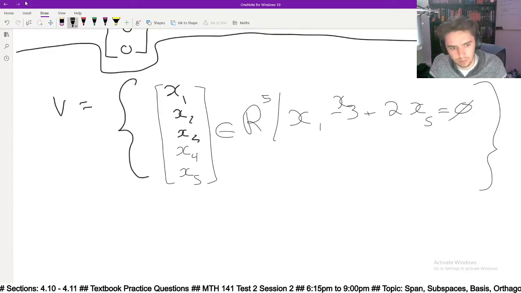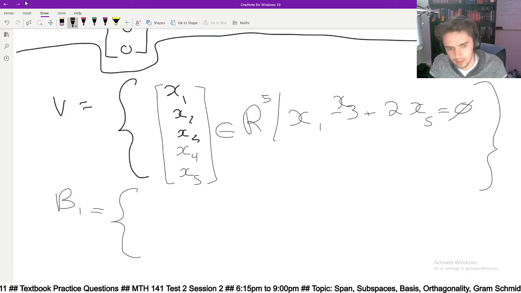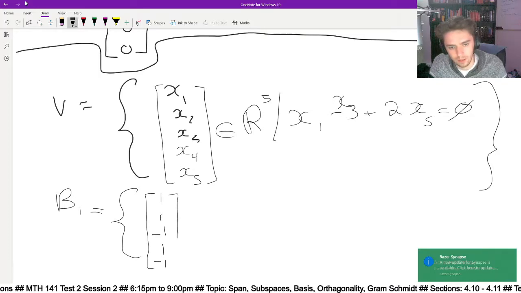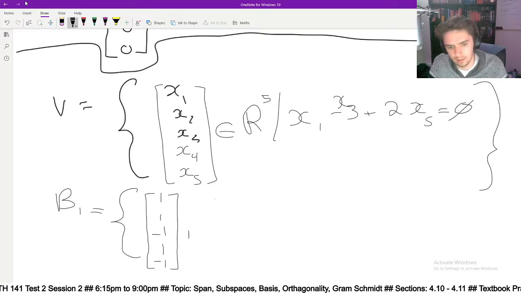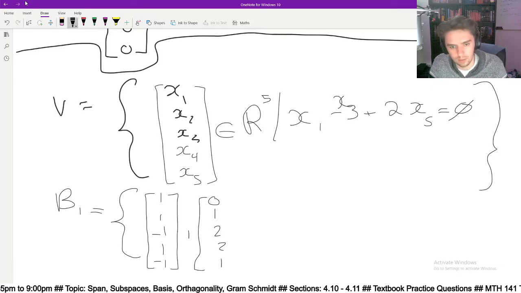And we got a set B1. Okay, B1 is (1, 1, -1, 1, -1). And there's two vectors in it, so that one's the first one. And then (1, 0, 2, 2, 1) is our second vector.